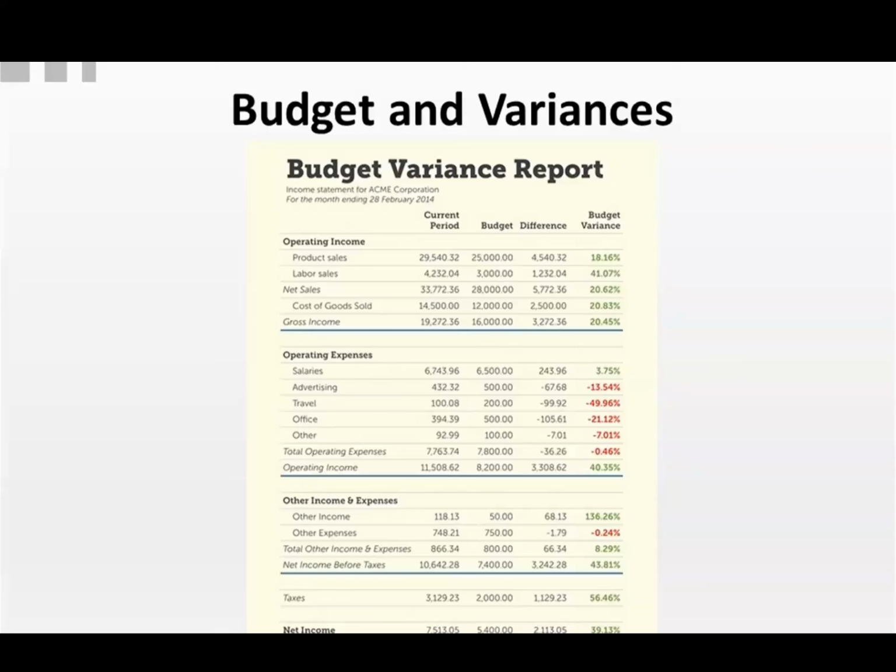Our salaries were slightly above, but given that we had a 20% increase in sales, that probably is the explanation for that. But we were able to cut our advertising, cut our travel, and cut our office expenses all at the same time. So that resulted in our income being quite a bit higher than we expected it to be.